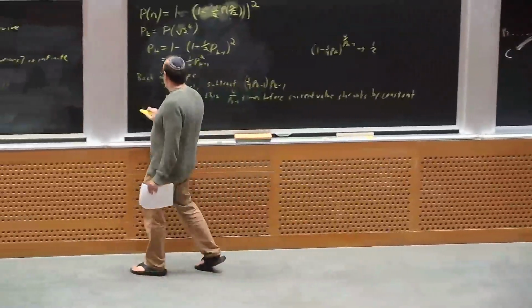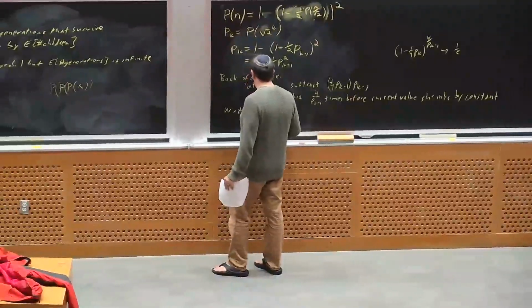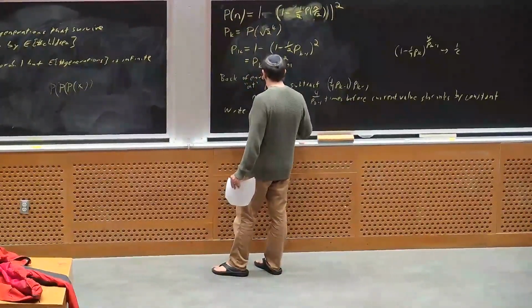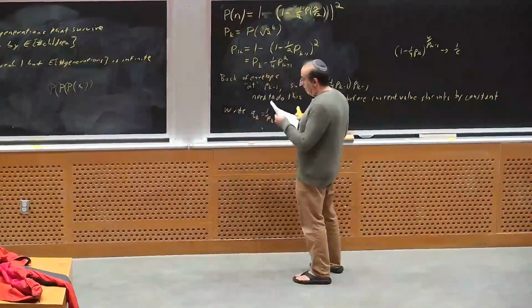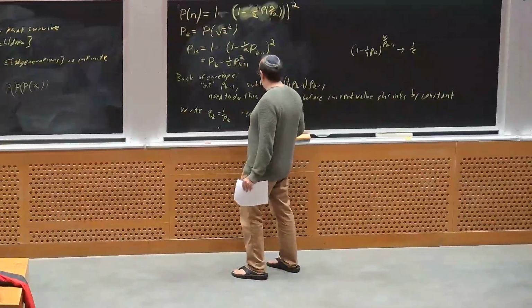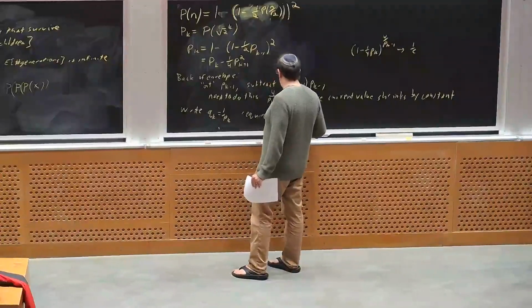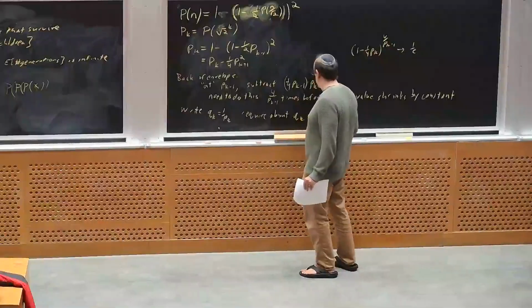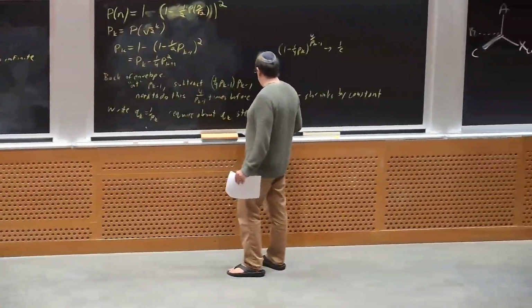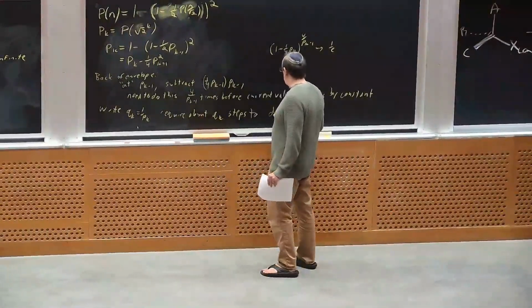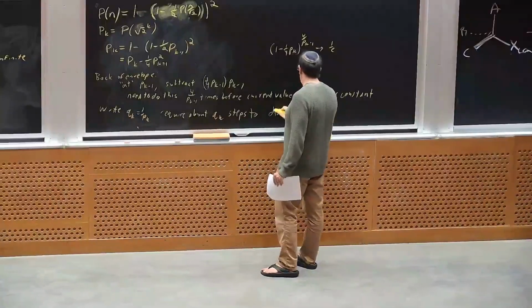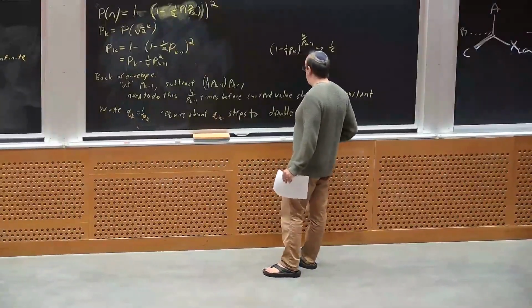So if I write q sub k as 1 over P sub k, what I'm saying is that I require about q sub k steps to double, where this stands for multiplying by some constant.